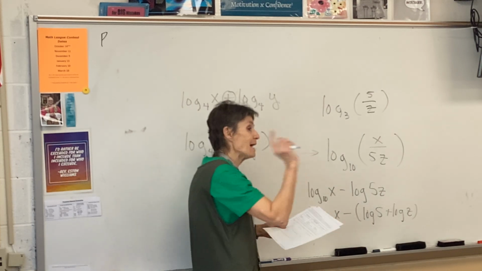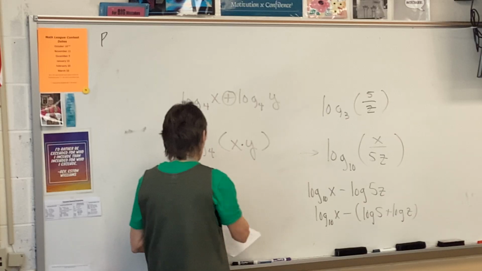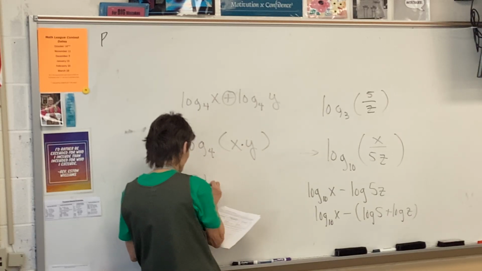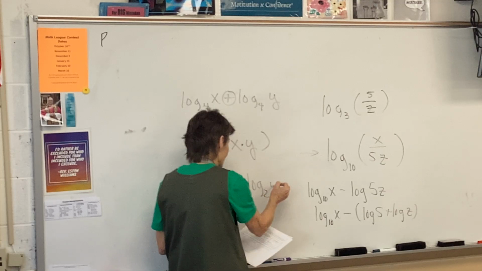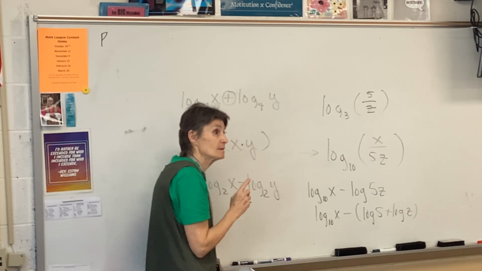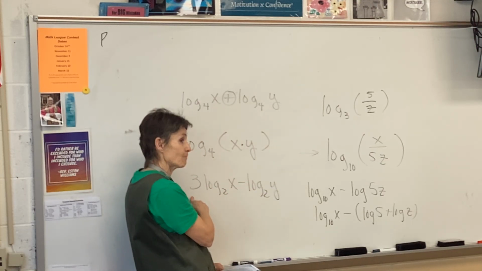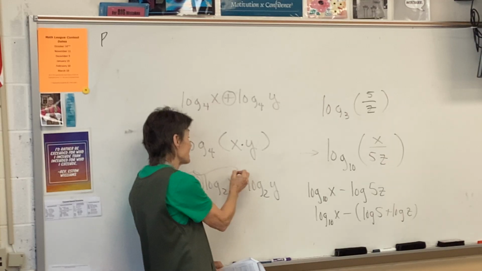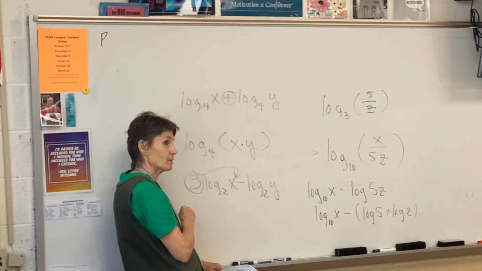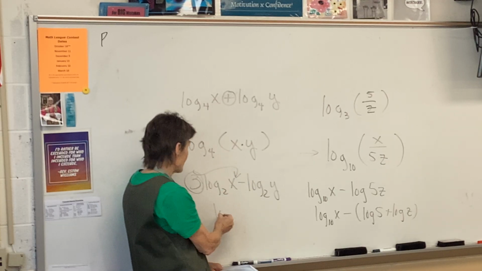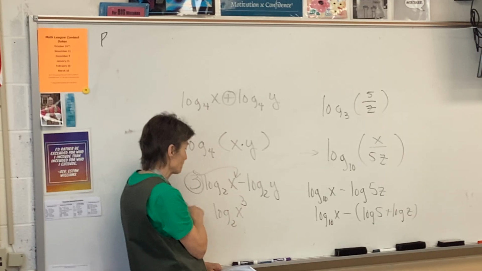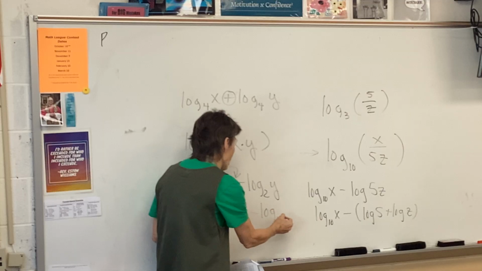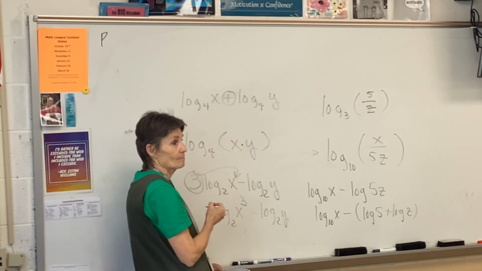All right. Now, Charlie, look at letter D. What is different about letter D? It's got a 3 in front. And a number in front is the exponent. That's the property you were thinking of. So this is the log base 2 of x cubed minus the log base 2 of y.